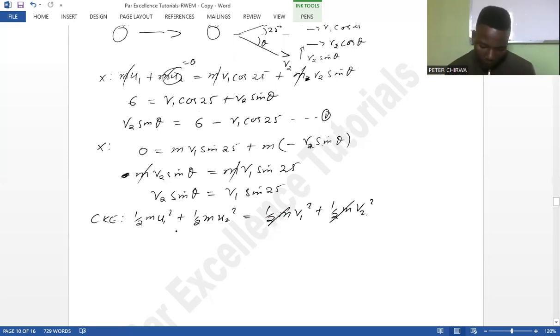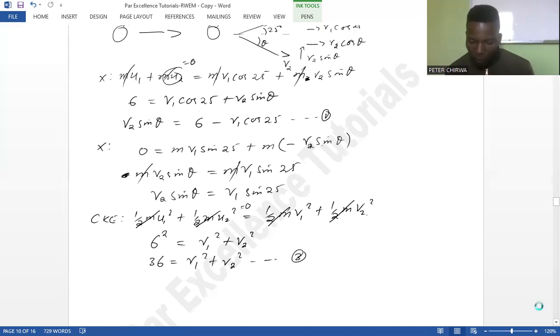The half m throughout goes, and this one was at rest, so it will give us 0. This is going to be 6 squared equal to v1 squared plus v2 squared, so 36 equal to v1 squared plus v2 squared. Let that be my equation 3.